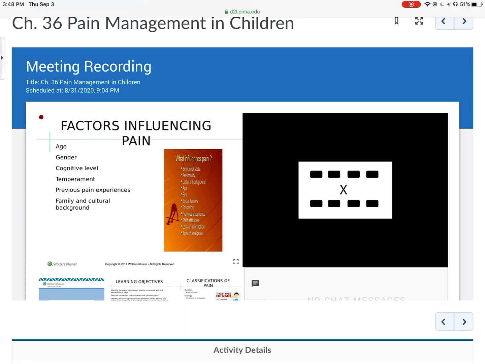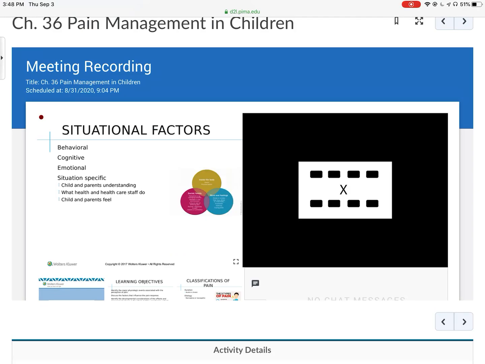Sometimes certain cultures, they don't allow outward expression of pain. So again, we have to use our senses and our assessment skills to see if they're in pain.